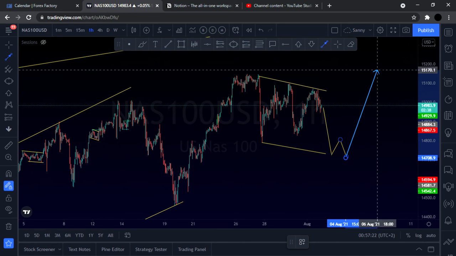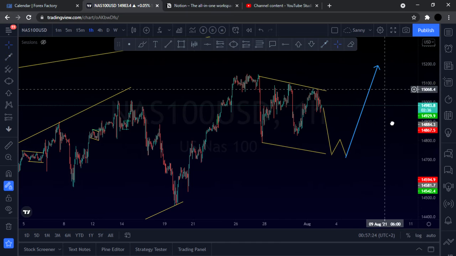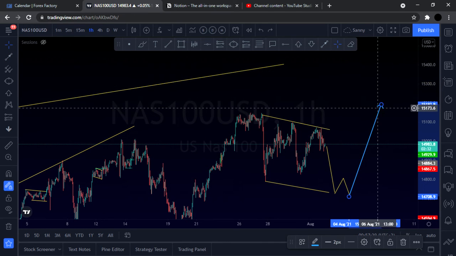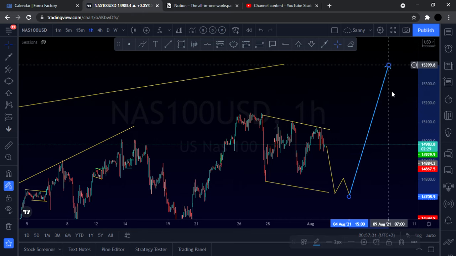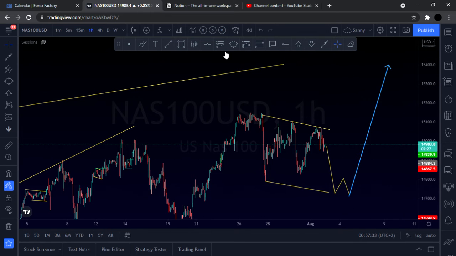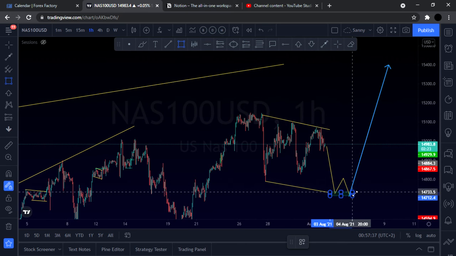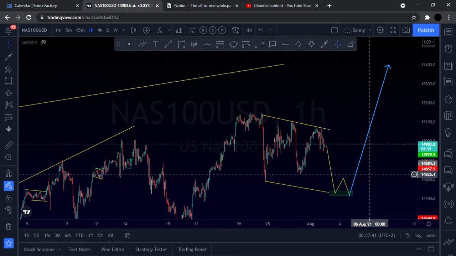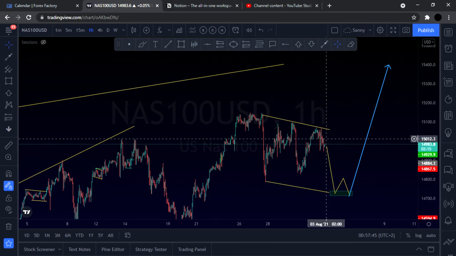Before shooting to the upside to create that high all the way up there. So we could see price drop to these areas here, give us a nice level of support there, and before shooting up, right? But for this week, I'm still bearish until we break these areas here.